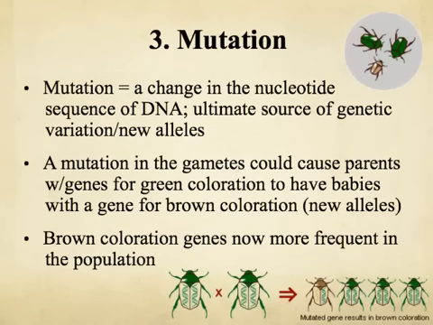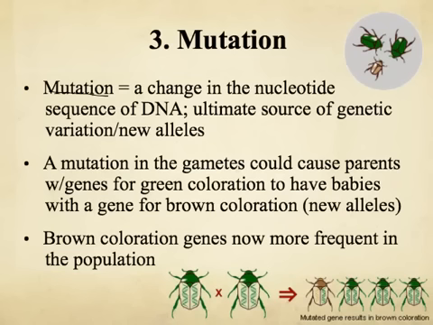And then finally, the last thing that we're going to talk about in this video that can alter the Hardy-Weinberg equilibrium is mutations. So again, if I introduce a mutation into a population, it's going to change the genetic makeup of that population. And that mutation might be helpful or it might be harmful. So it's not necessarily being selected for by natural selection at this point, but it is changing the makeup of the population.